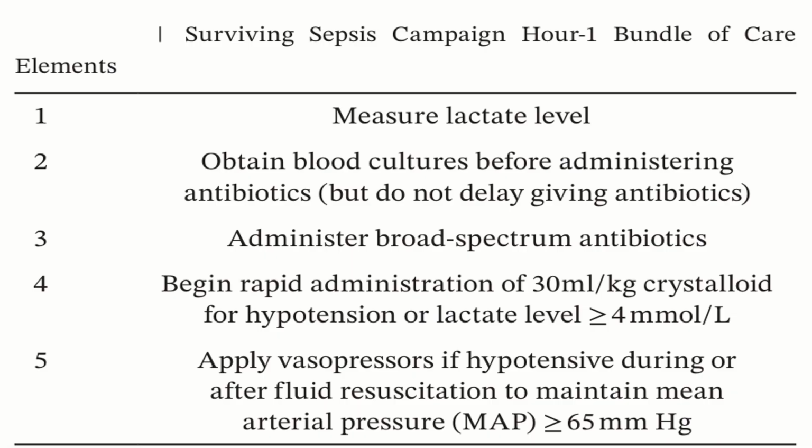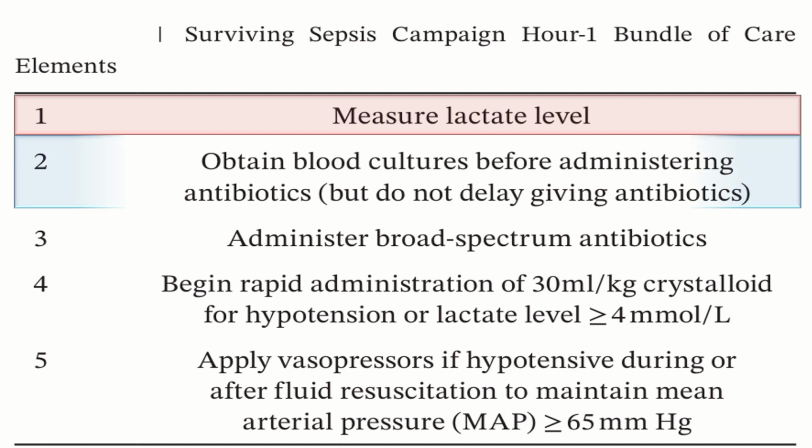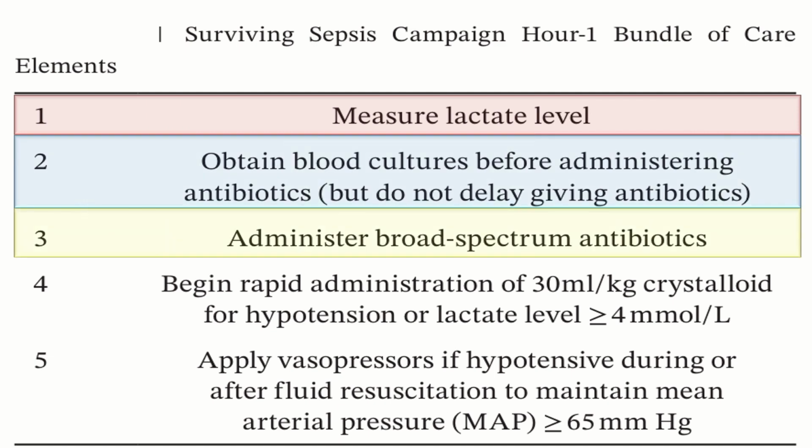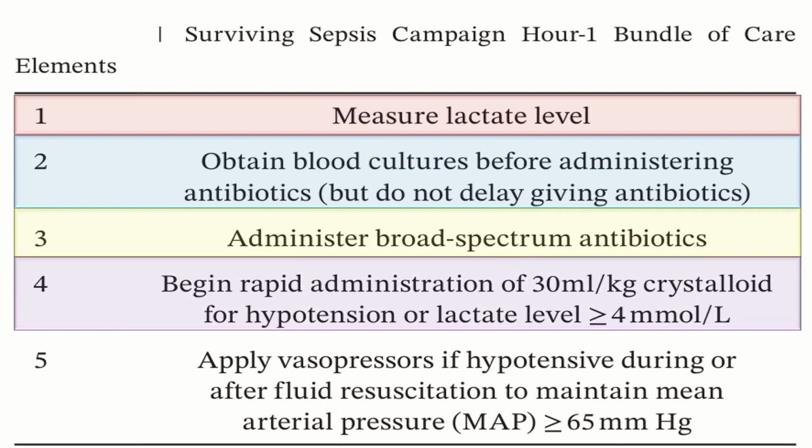Now, here we have the Surviving Sepsis Campaign 1 hour bundle of care elements, which include measure lactate level, obtain blood culture before administering antibiotics, administer broad spectrum antibiotics, and begin rapid administration of 30 ml per kg crystalloid for hypotension or lactate equal to or more than 4 millimole per liter.